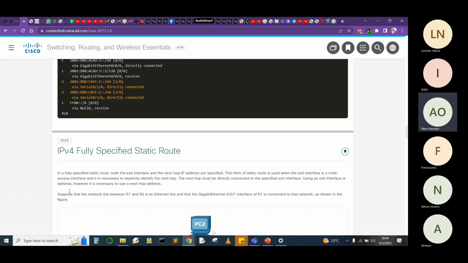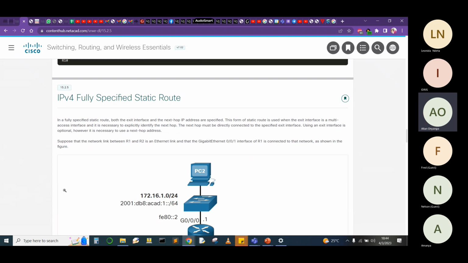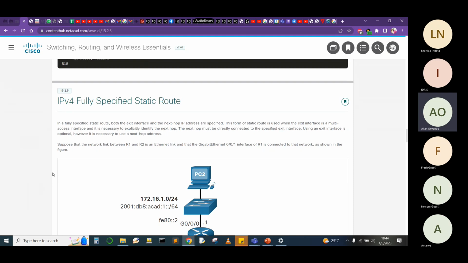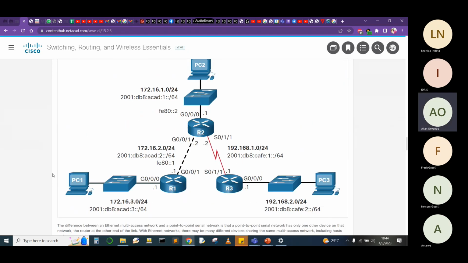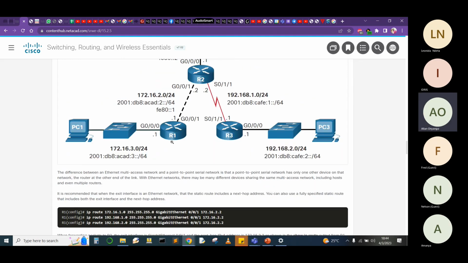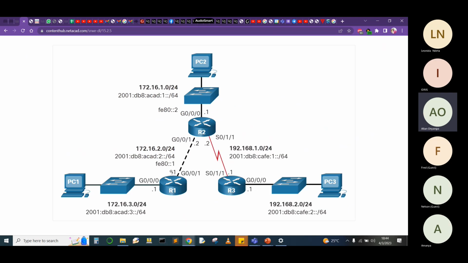Now, I want to look at the third one that we call the fully specified. And don't forget the recursive, which means the next hop static route. For fully specified, you specify both the exit interface and the next hop IP. If you look at R1 here, the exit interface is G0/0/1 to reach the other remote networks, and the next hop is actually 172.16.2.2.